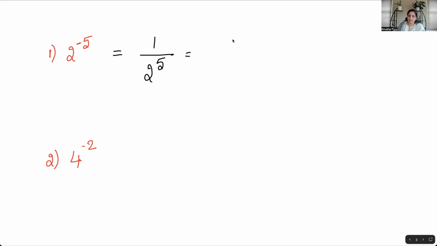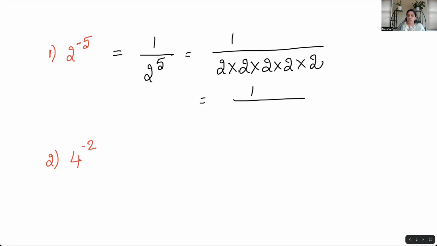Then you know how to expand the positive exponents, right? 2 to the power of 5 is nothing but 2 times 2 times 2 times 2 times 2. Because the 2 is raised to the fifth power, you're writing 2 five times. So 1 over 2 times 2 is 4, 4 times 2 is 8, 8 times 2 is 16, 16 times 2 is 32.